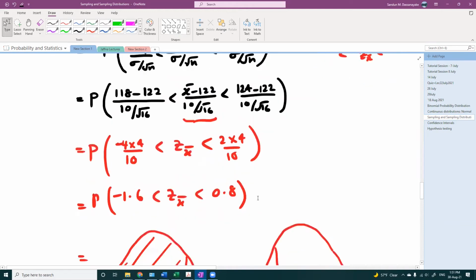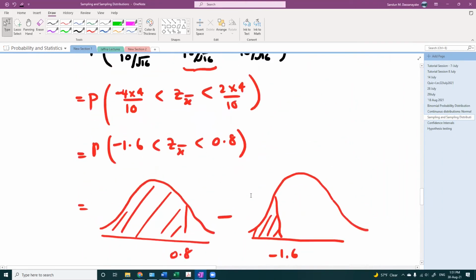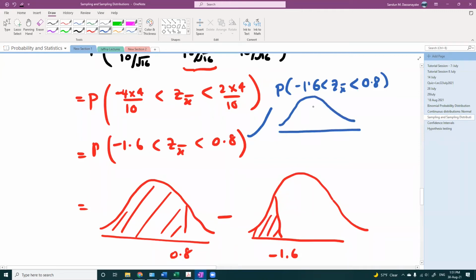How do you find this using the table? I'll show you a simple trick. If you want to find the probability of a Z value being greater than this and less than this, what you need to find is actually an area like this. So draw the area like that.